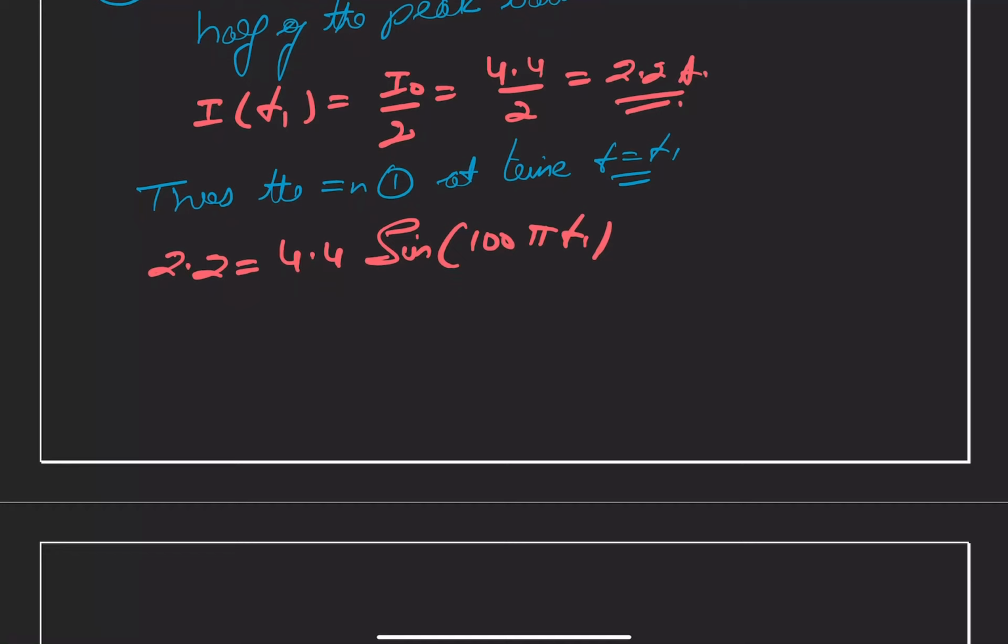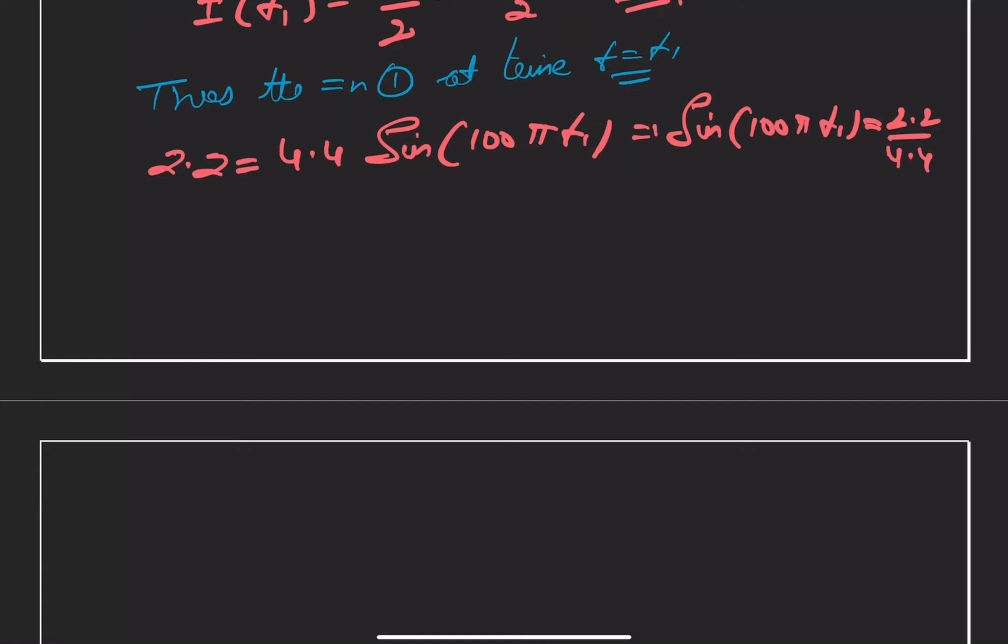Sine of 100 pi t1 equals 2.2 divided by 4.4, which gives 100 pi t1 equal to sine inverse of 1 by 2, that is 0.5, which comes as pi by 6.